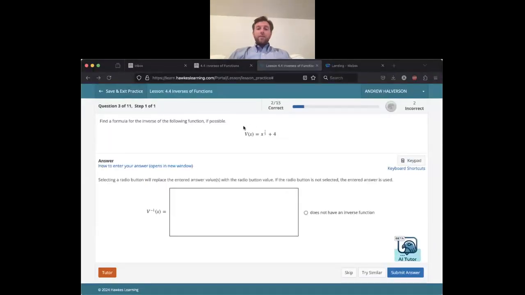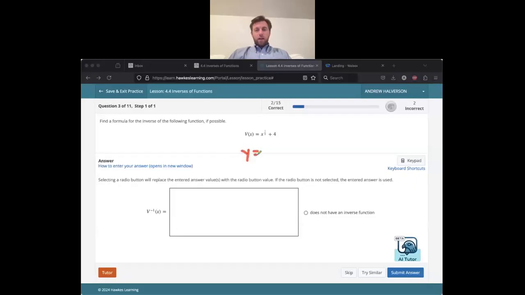So how am I going to find the inverse of this function right here? Same process. Nothing changes. It's just a little weird. So take my v of x, g of x, f of x. It's all the same. Change it to y. Oof, hold on. That's giving me some fits.